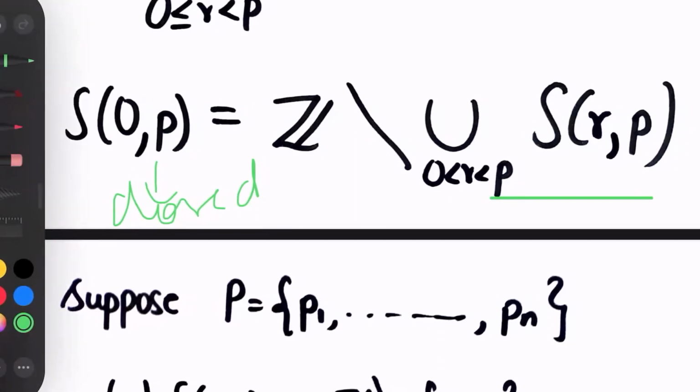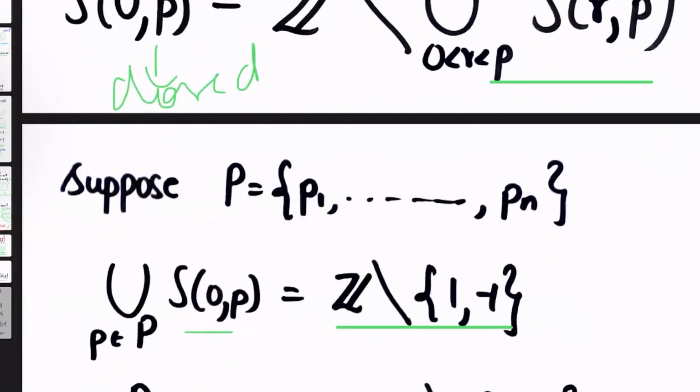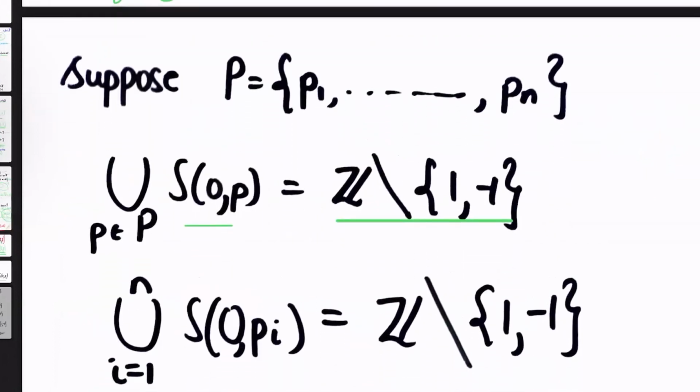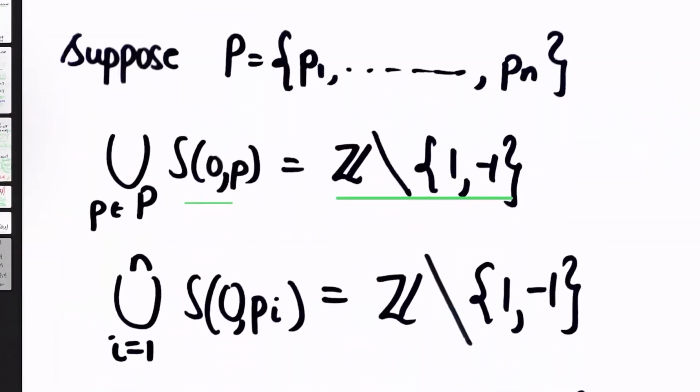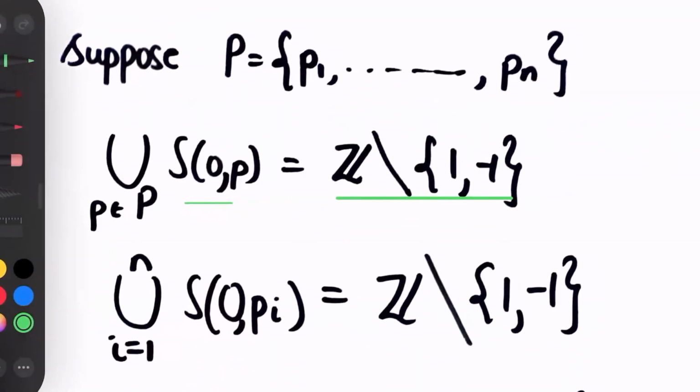When we consider this union, we are considering all possible integers which can be factored into primes. And by the fundamental theorem of arithmetic, we know that that is going to be Z minus {1, minus 1}. Since we are assuming that there are only finitely many primes, this is the same as this finite union.